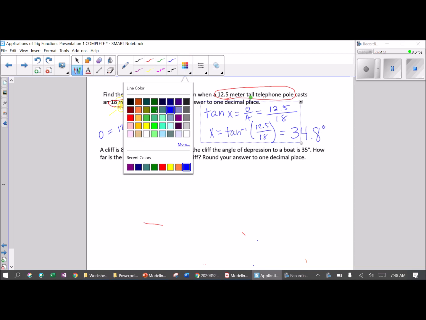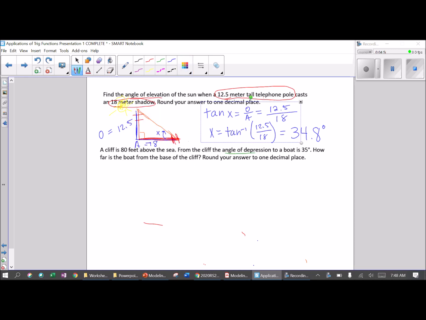This next example deals with an angle of depression. So it says a cliff is 80 feet above the sea. So we've got this cliff, right? From the cliff, the angle of depression to a boat is 35 degrees. So it means we've got this boat out here.